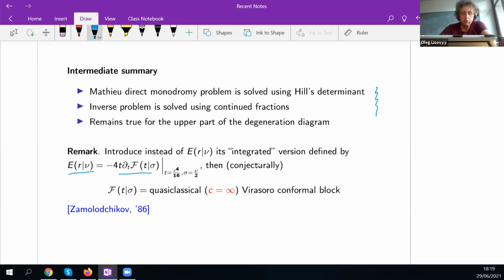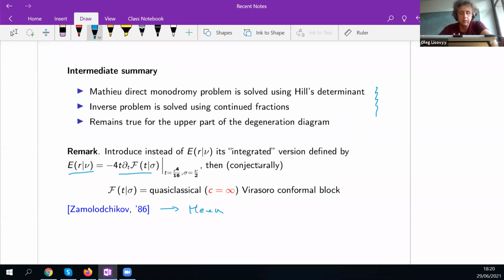I don't actually know what is the right reference to put here. I think the earliest reference is a paper of 1986 by Zamolodchikov, but in this paper it is done for the Heun equation. But for Mathieu, the extension or generalization of this result is really straightforward.